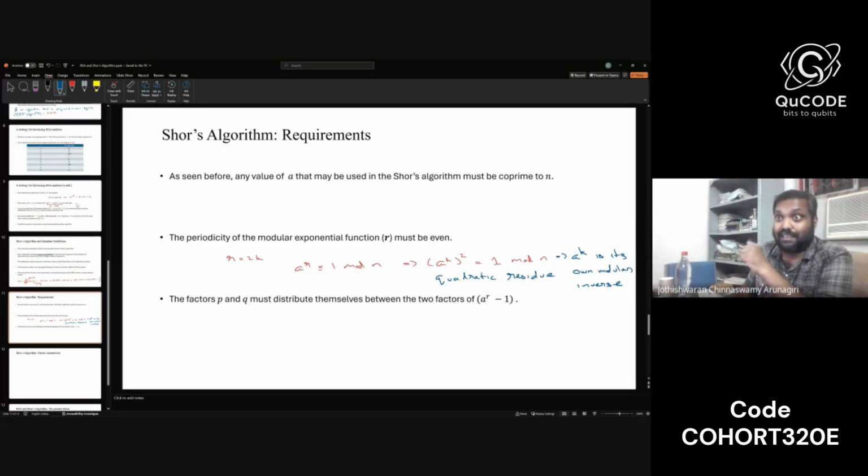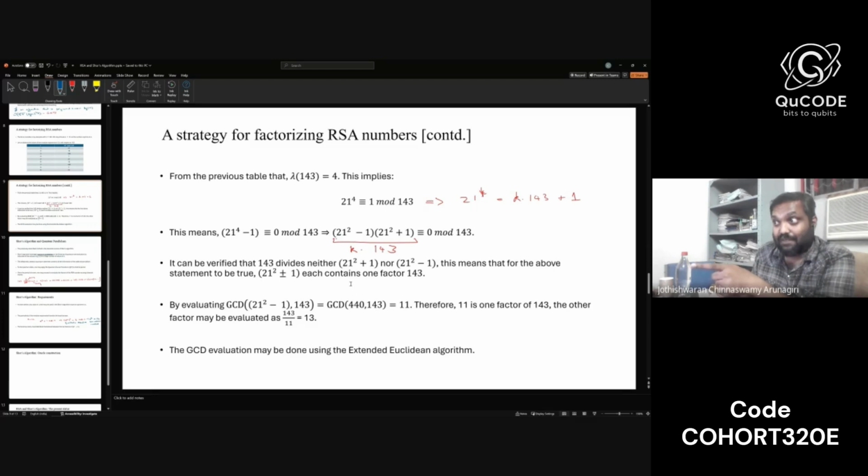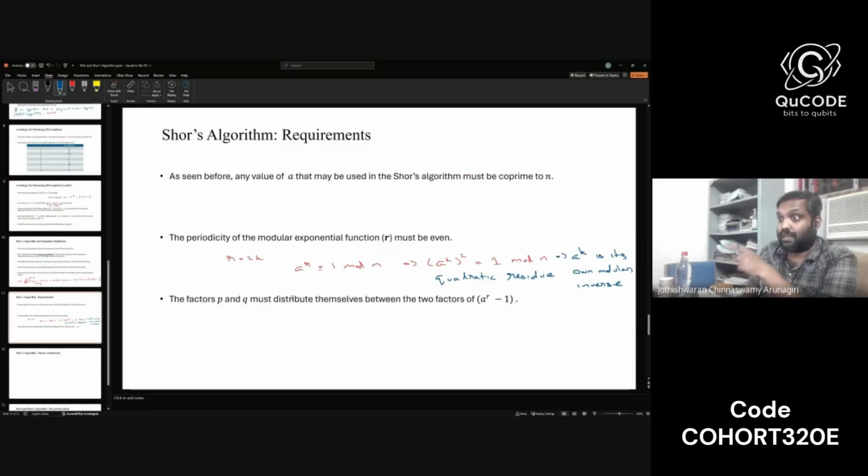Another final thing, going back to the example that we solved, both of these factors should not be divisible by n. So essentially, a to the power k plus 1 and a to the power k minus 1 should both not be divisible by n.